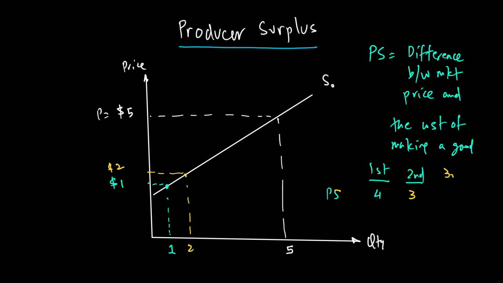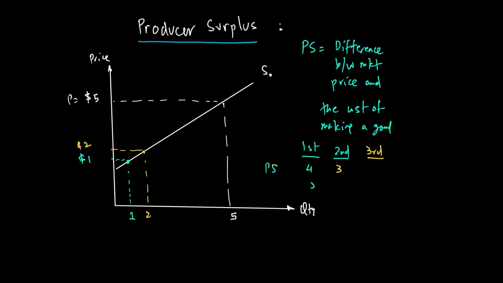Similarly, for the third unit, my cost of making this good is $3. Fourth one, my cost is $4, and so on. So producer surplus is the difference between the market price, which is $5, minus the cost of making it. It will be 4 for the first, 3 for the second.